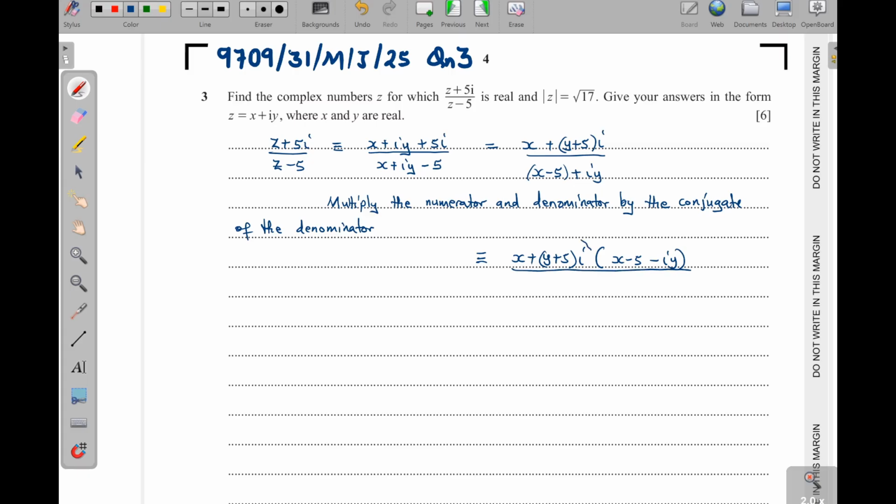The same thing we do down here: x minus 5, then plus iy, we multiply it by x minus 5, then minus iy. Remember, the conjugate of the denominator, we just change the sign of the imaginary part.